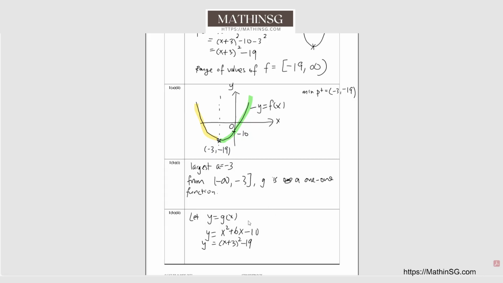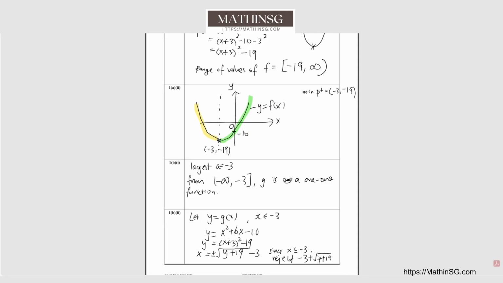And I also want to write in that x is smaller than or equals to minus 3. So now I need to make x the subject. I know that x is equals to plus minus square root of y plus 19, minus 3. And because x is less than or equals to minus 3, I need to reject minus 3 plus square root of y plus 19, because this will be positive.